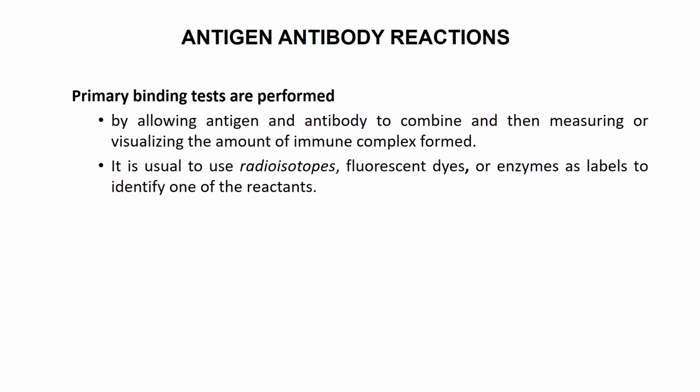If you recall the previous equation of antigen plus antibody forming the antigen antibody complex, one of them is tagged, and then complex formation takes place for a certain time, and then unattached ones are washed off. At that point the labeled antibody amount is measured to determine how much antigen has been bound. Okay.